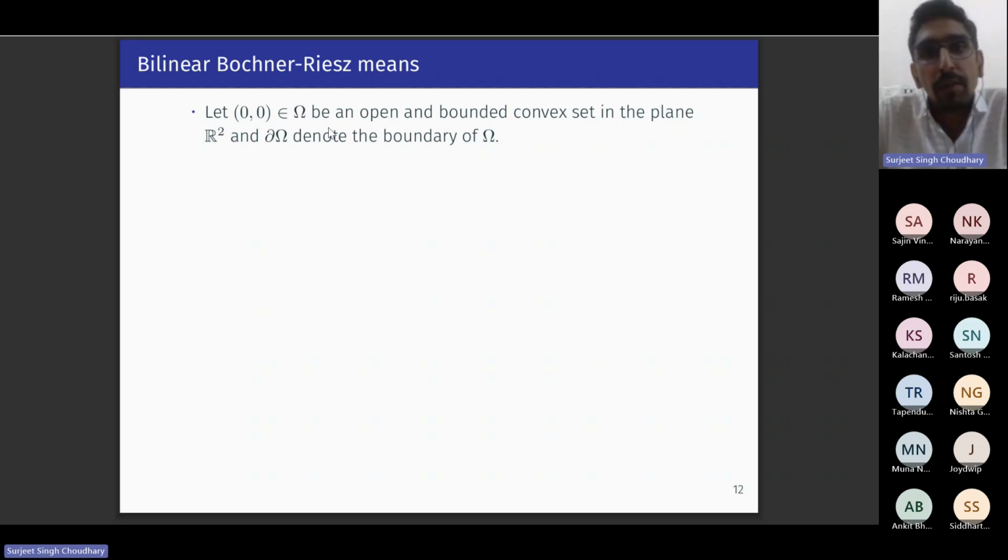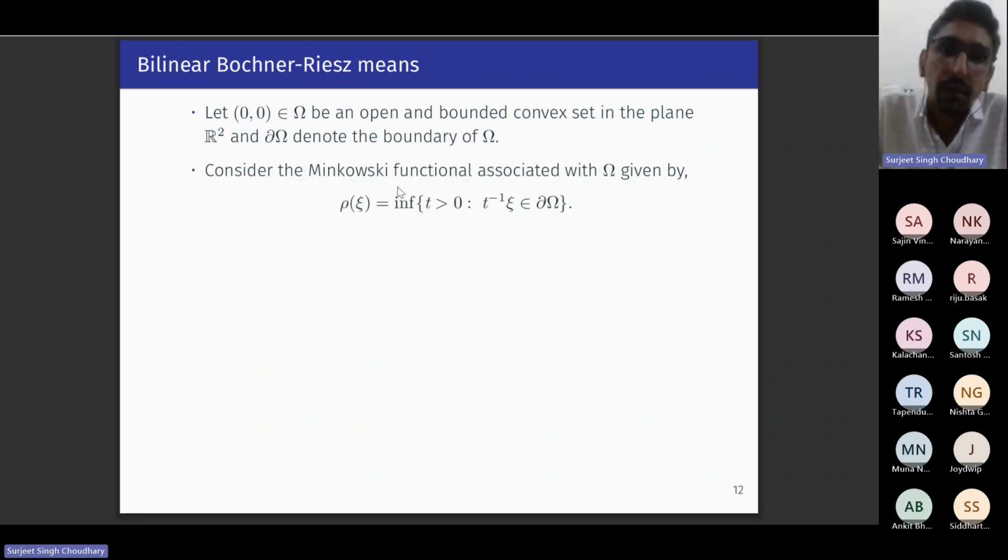Let omega be a bounded and open convex set in R2 such that the origin 0 is contained in our domain omega, and let del omega denote the boundary of the set omega. Then we define the Minkowski functional associated to omega. For any point xi in R2, we define rho of xi to be the infimum of t bigger than 0 such that t inverse xi belongs to the boundary of the domain omega.